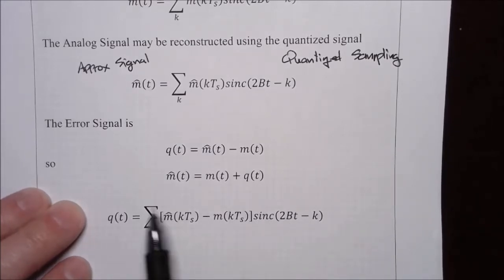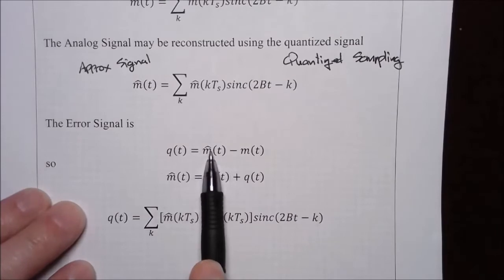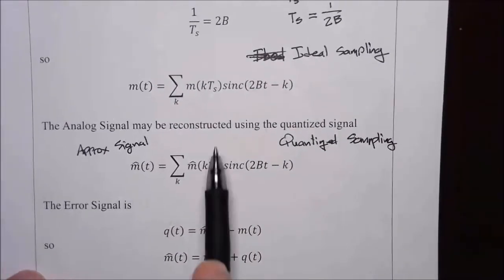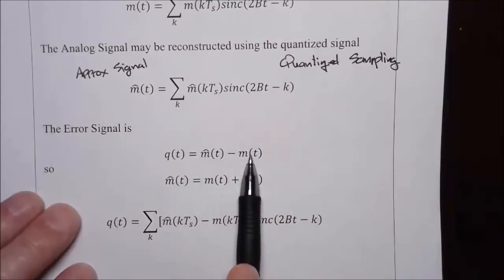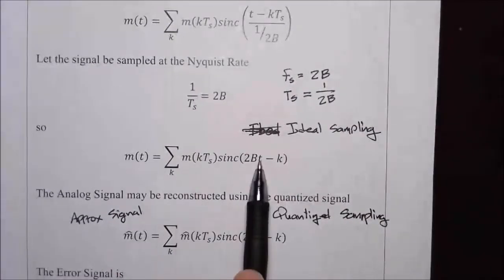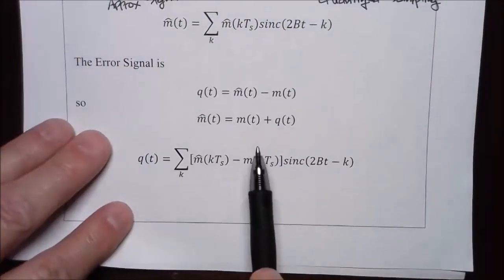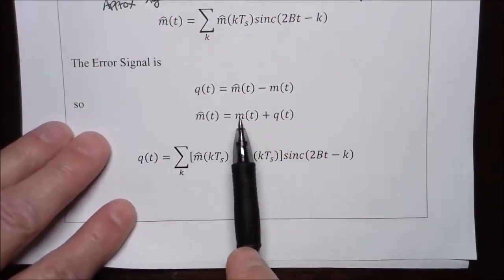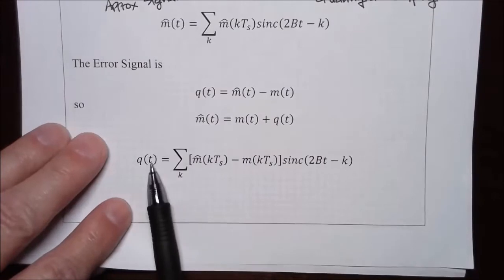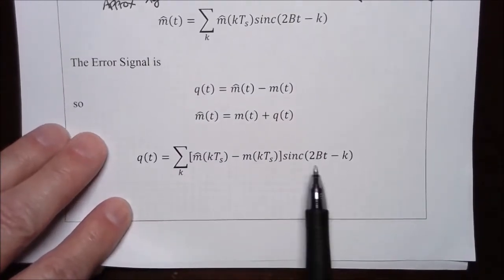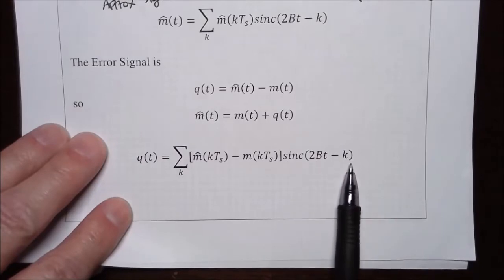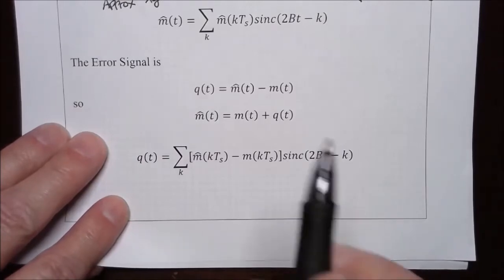If we substitute for m hat this summation, and we substitute for m of t this summation, and we factor out the terms correctly, we will get that the error signal is a summation over k of these shifted and scaled sinc functions.